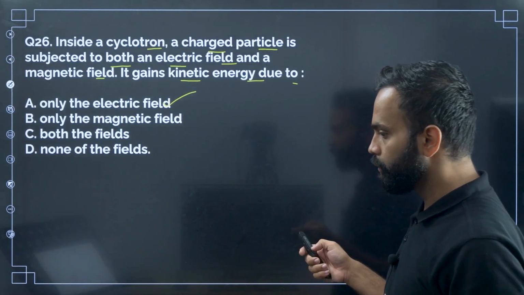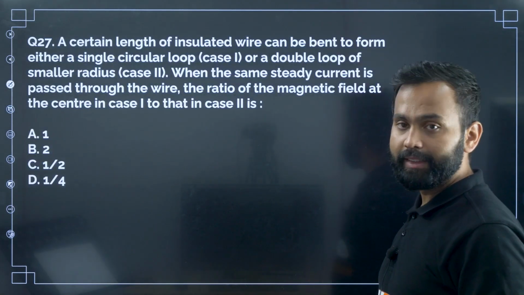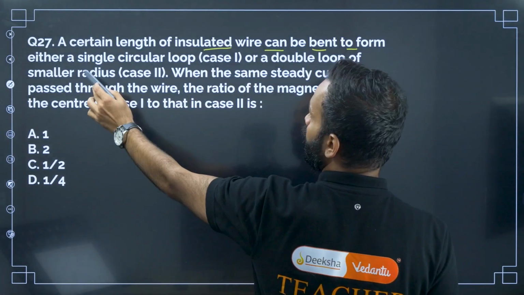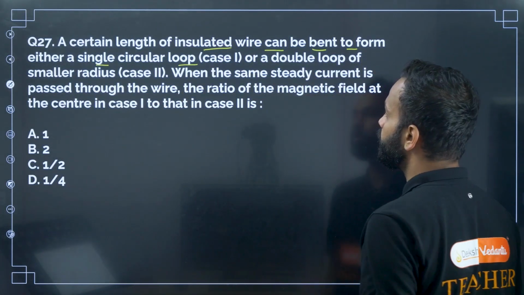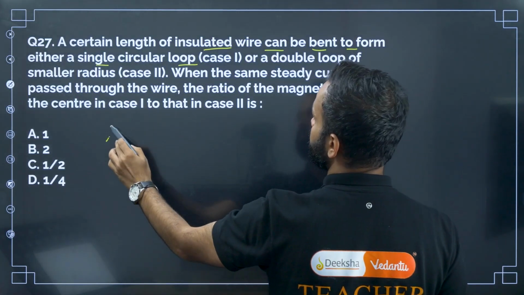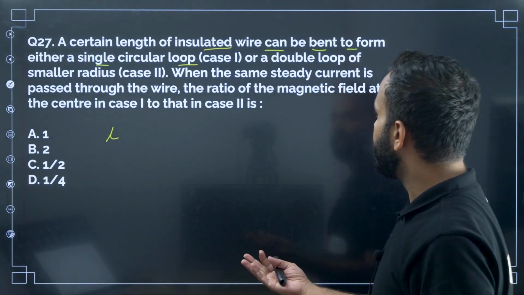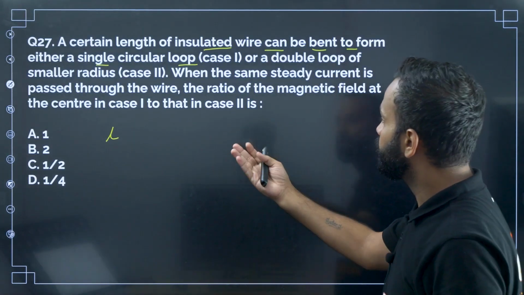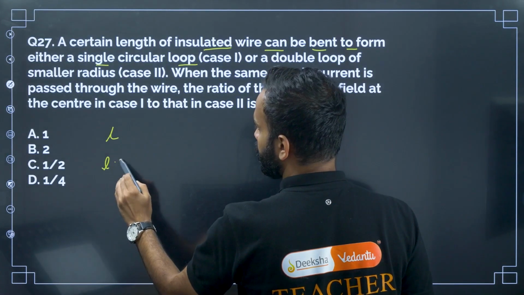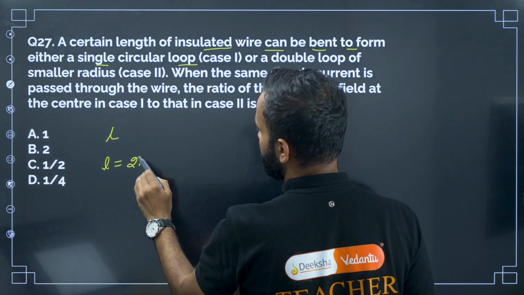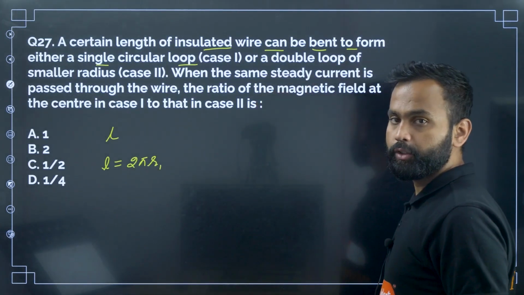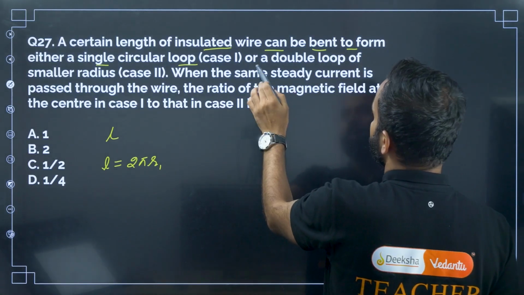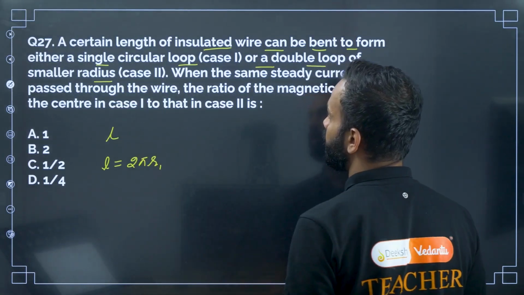Question number 27. A certain length of insulated wire can be bent to form either a single circular loop. The length of the wire is L. When bent into a single circular loop, the length is equal to the circumference of that loop, that is 2 pi r1, or a double circular loop of smaller radius.